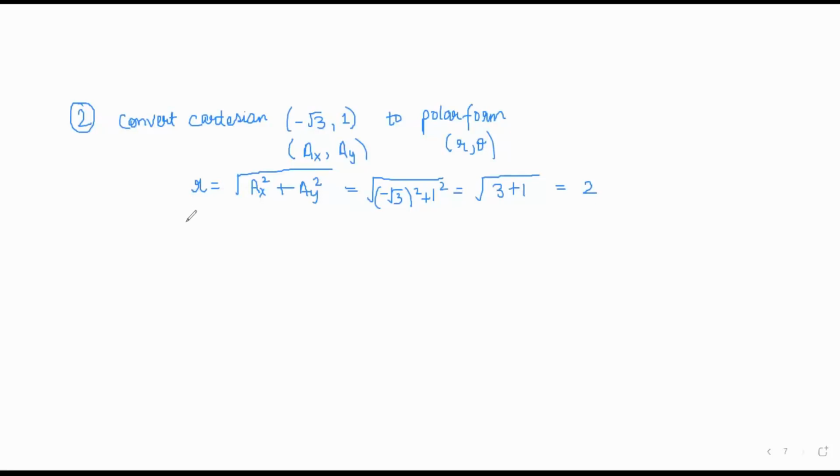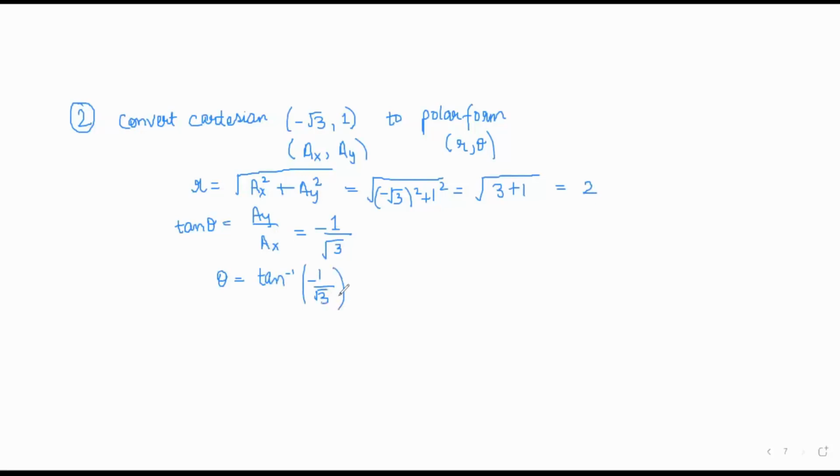Now we want to calculate theta. We know the derived formula, tan theta is ay by ax. Ay is 1, ax is minus root 3. So theta will be tan inverse of minus 1 by root 3.